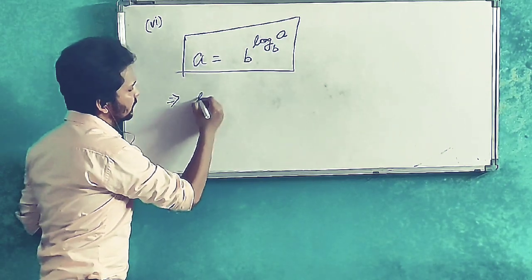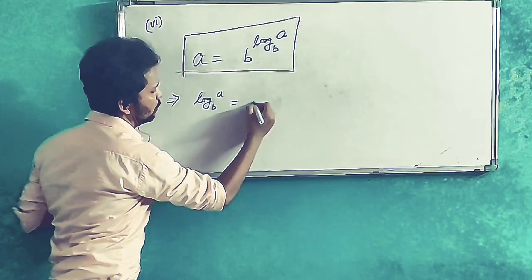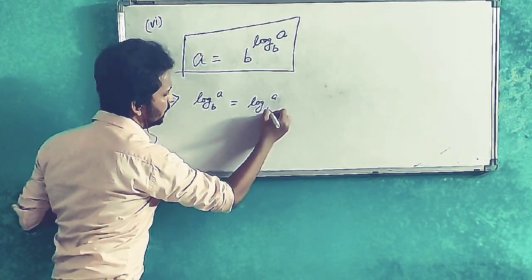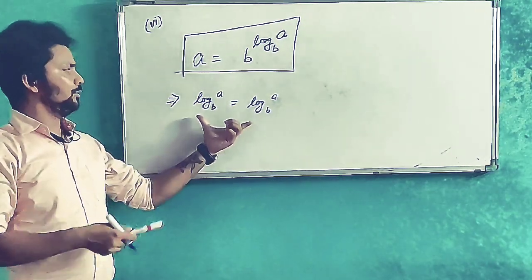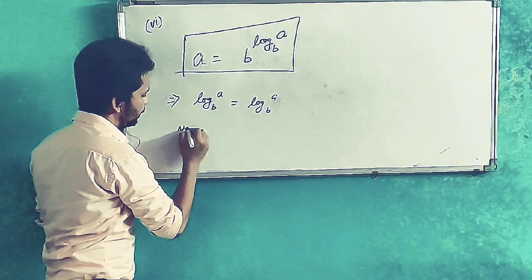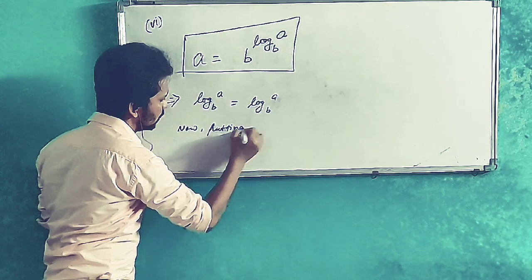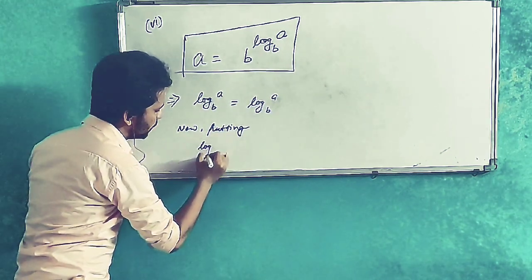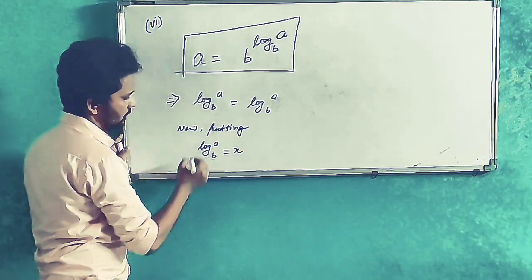I can write log a base b is equal to log a base b. I don't think there is any problem in writing this equation. Now, putting log a base b as x.